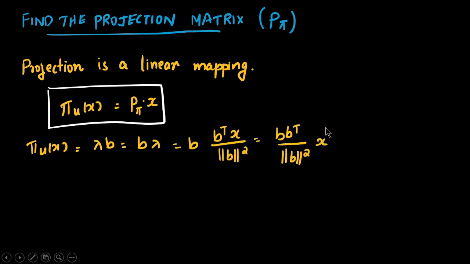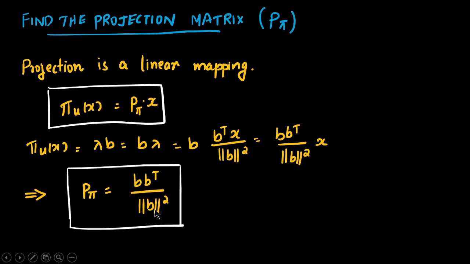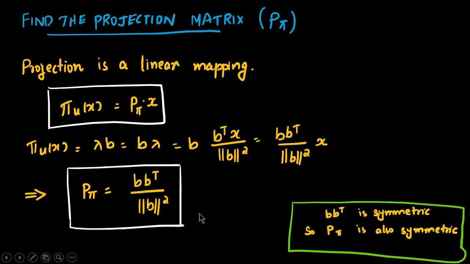So P pi is equal to b b transpose divided by b square. And b b transpose is symmetric, so P pi is also symmetric. That is one property we have studied earlier.